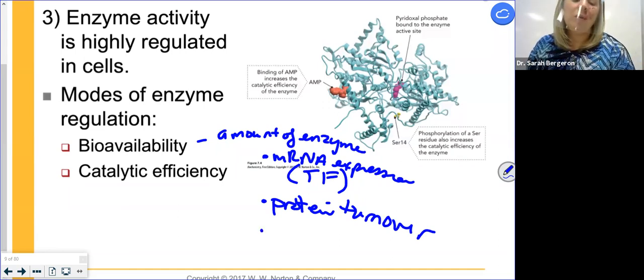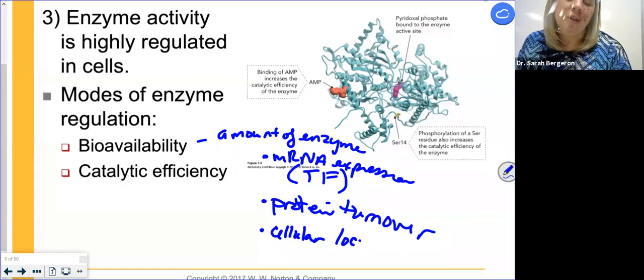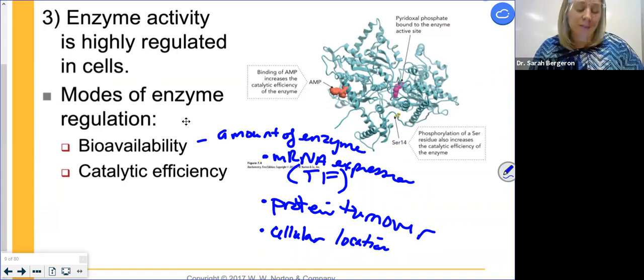We can also put our proteins in particular places inside of the cell, right? So cellular location. Because you can have one biosynthesis process occur in the cytoplasm, and the degradation would have to occur, let's say, in the mitochondria. And so it would allow you a way to separate those enzymes.